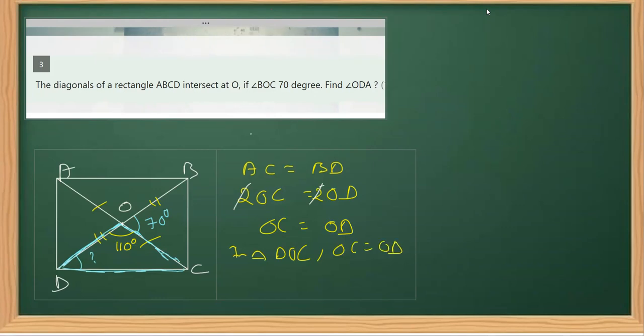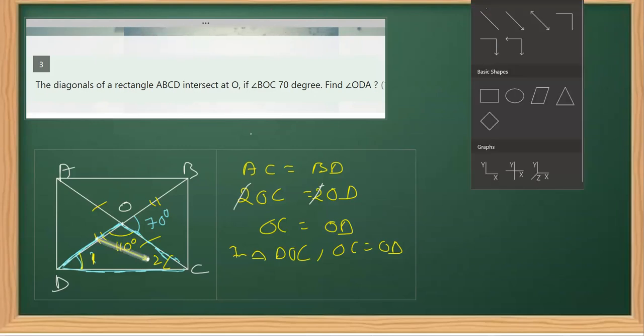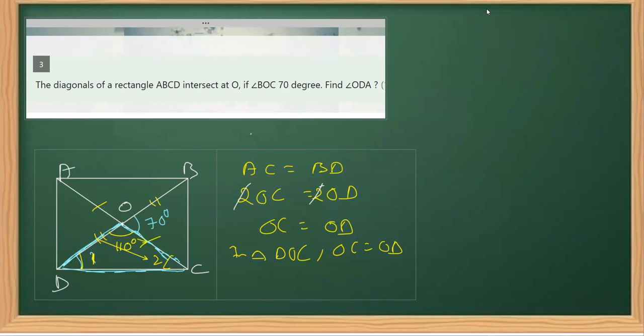So by the property that angles opposite to equal sides are equal, I'm marking this angle. Say I mark this angle as 1 and this as 2. The angles opposite to equal sides are equal. That means angles opposite to this side will be equal to angle opposite to this side. So these angles are equal. So I'm naming these angles as 1 and 2, and I can write angle 1 is equal to angle 2.